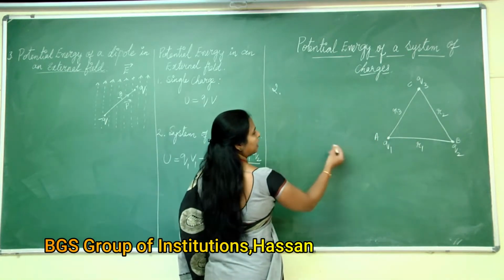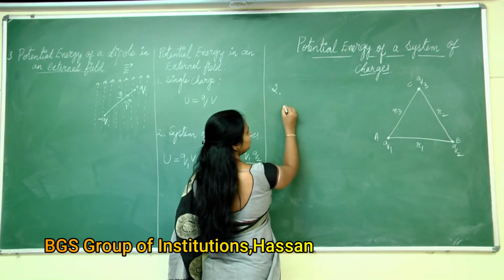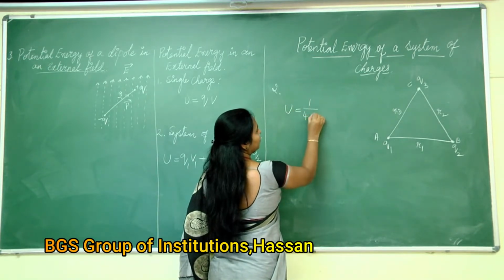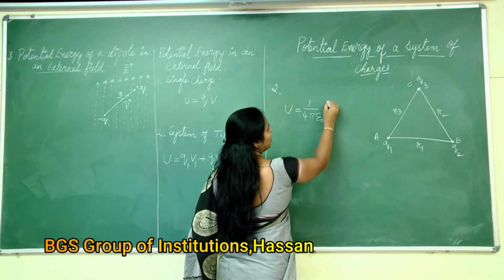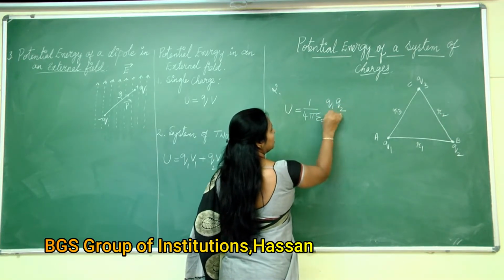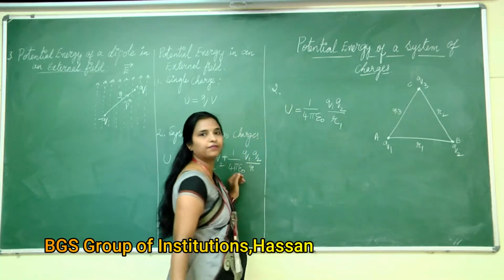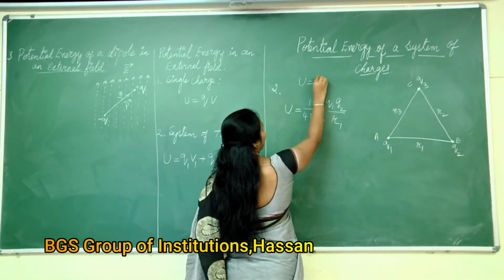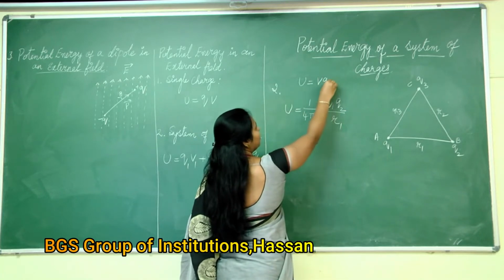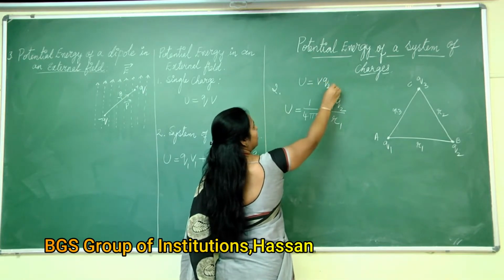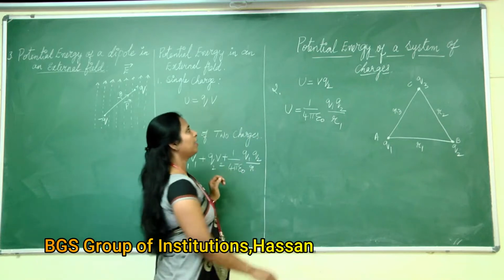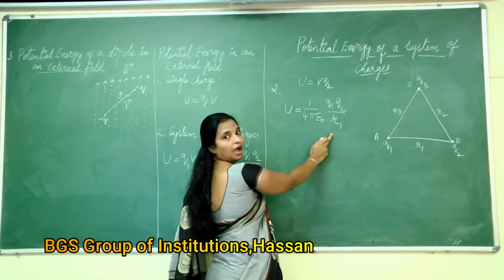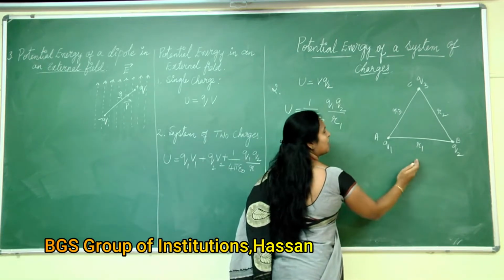So write down that potential energy, that is U is equal to 1 by 4 pi epsilon naught Q1 Q2 divided by R1. As we did in the previous case, that is U is equal to V into Q2, and this V is nothing but 1 by 4 pi epsilon naught Q1 by R1, because the distance is R1.